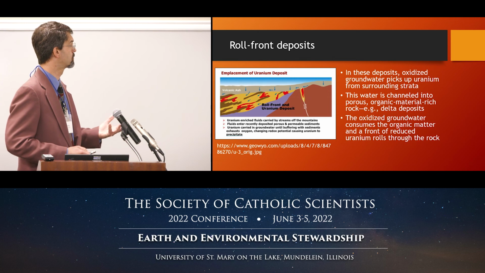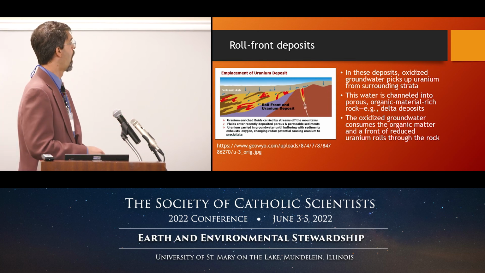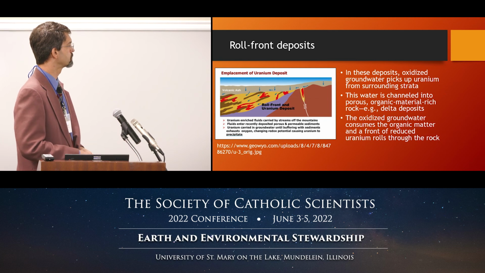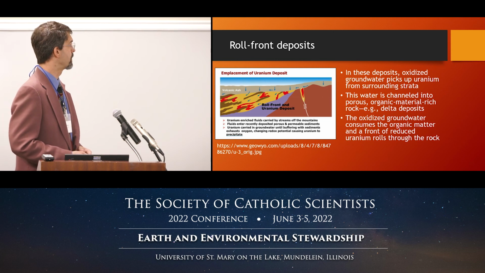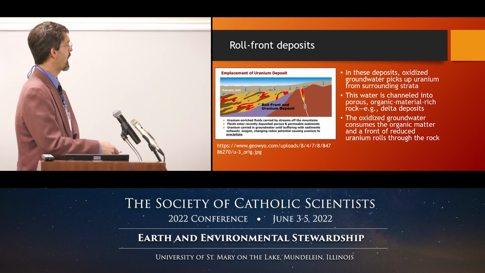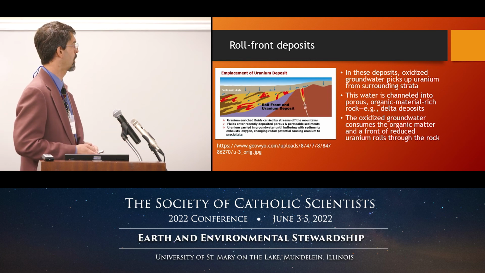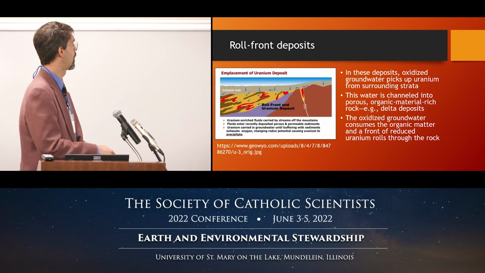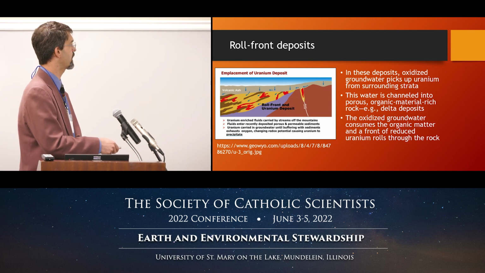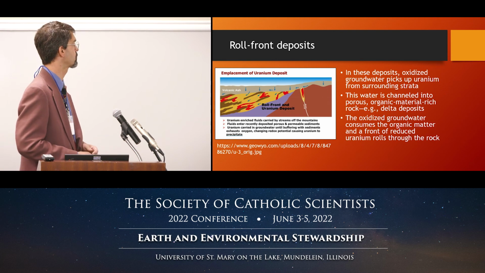A standard Western US type of deposit that Lucy might have been looking for is called a roll front deposit. And once again, it starts with oxidized groundwater that has picked up uranium from somewhere. The somewhere might be a granitic basement rock, say a Proterozoic granite, which would have some amount of uranium in it. Or it could be a recent volcanic rock, like an ashfall deposit, of which there are many in the West.